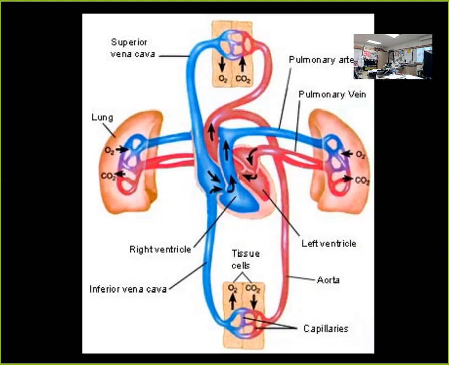Left atrium, mitral valve, left ventricle, aortic valve, and then it's pushed back up through to the body. It's just a big systematic pump. Pretty cool when you can actually see it and hold it and figure it out. Okay, and that's it.